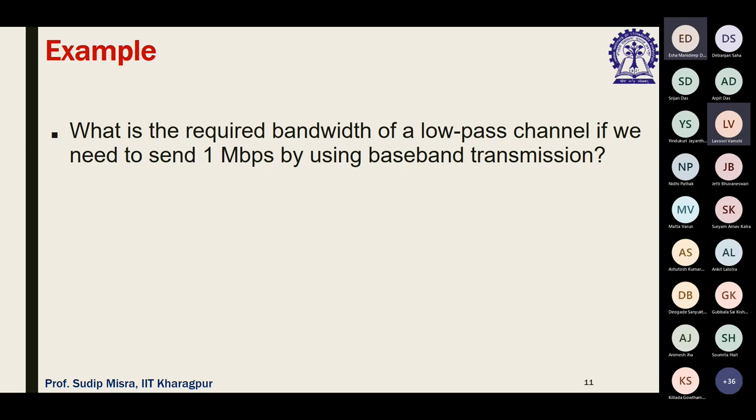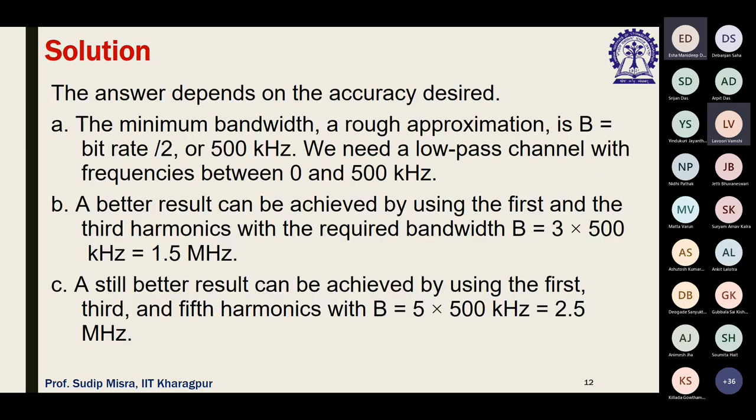Now look at the answer. The minimum bandwidth through the rough approximation is B equal to N by 2, where N is the bit rate. So if the bit rate is 1 Mbps, this is going to give you 500 kilohertz as the answer.